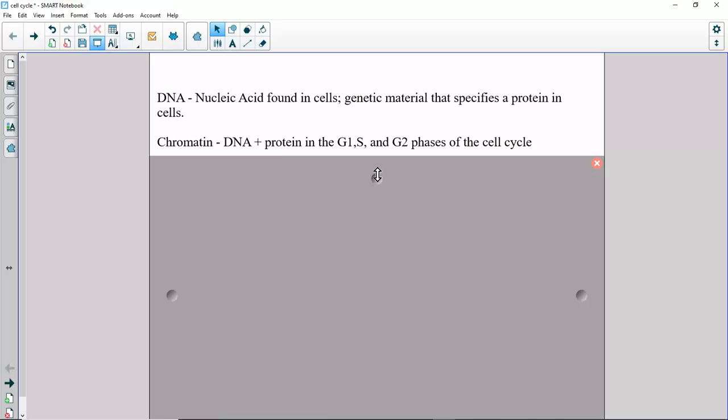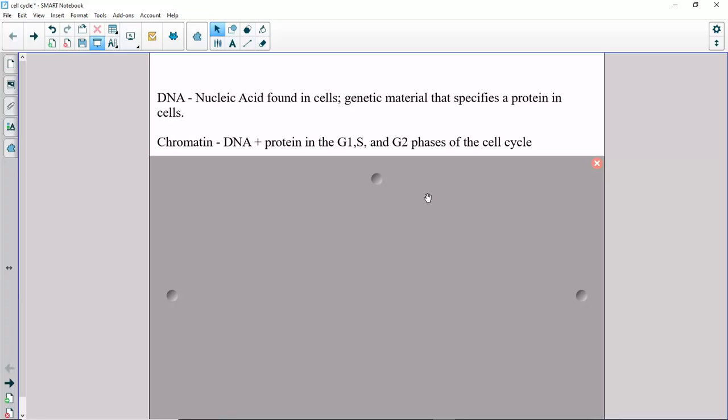Chromatin: there are 3 C words that you need to know. Chromatin, chromatid with a D, and chromosome. Chromatin is the DNA plus protein in what are called the G1, the S, and the G2 phases of the cell cycle, and we'll go over that later, so don't worry about that now.